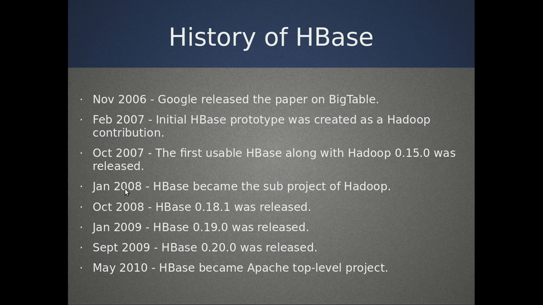Then in January 2008, HBase became a subproject of Hadoop and became very popular. Then different versions of Hadoop were released in 2008 and 2009. In May 2010, HBase became an Apache top level project. Facebook Messenger was also utilizing HBase, but later they discontinued it.